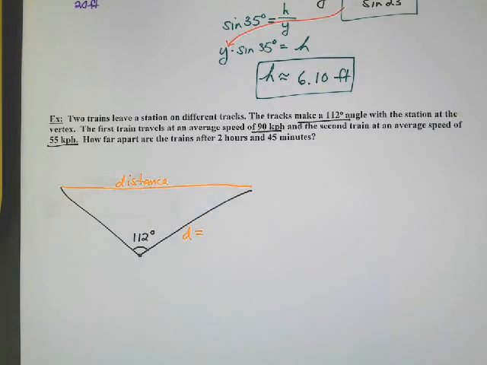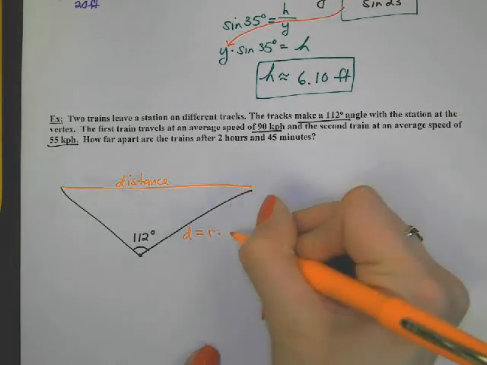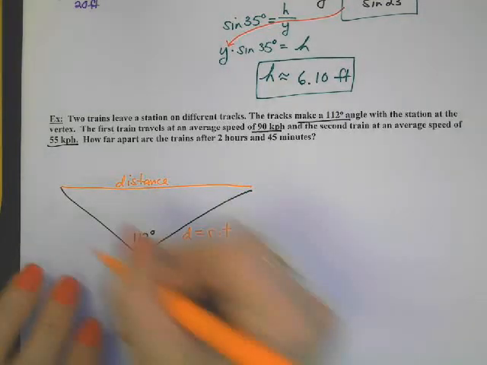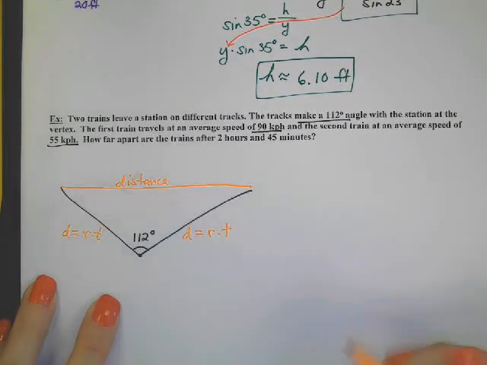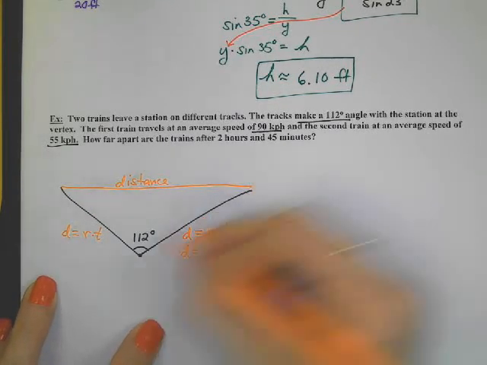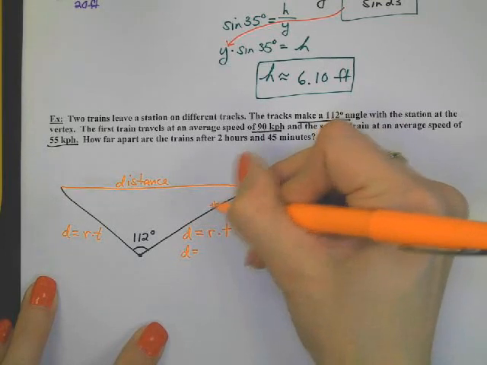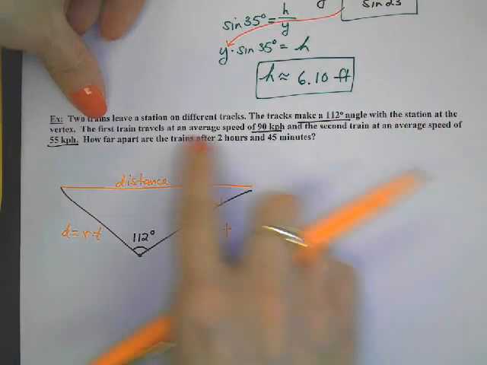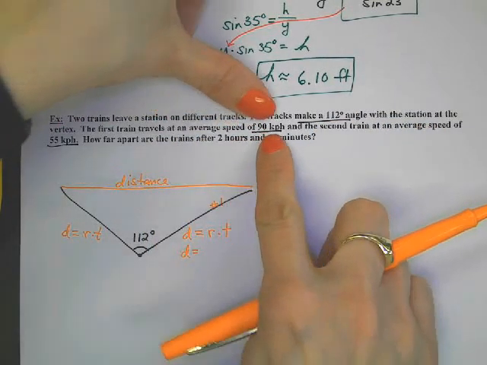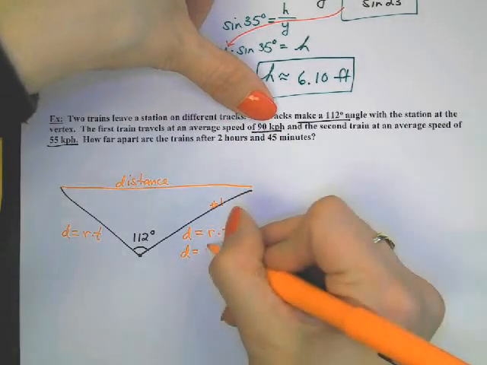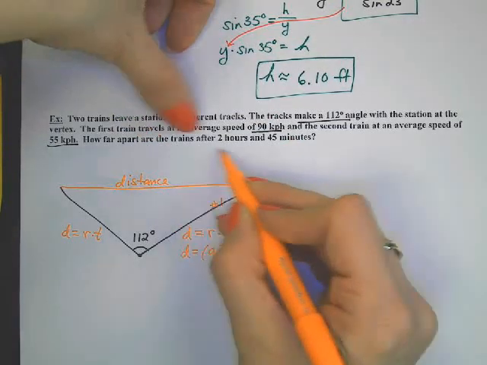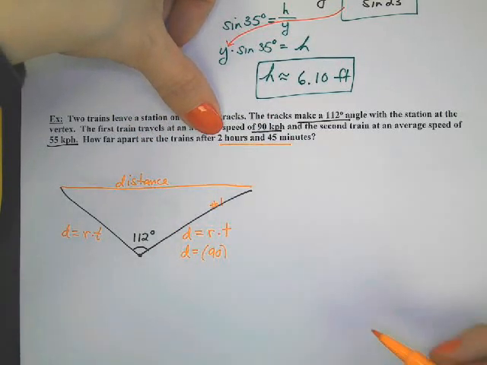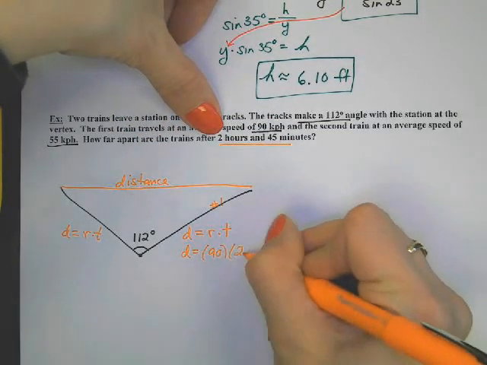Luckily, I remember a distance formula: distance equals rate times time. So we're going to need to do that for both of these. I'm going to call this train number 1. Train number 1 travels at 90 kilometers per hour, so the rate is 90. And the time is 2 hours and 45 minutes.